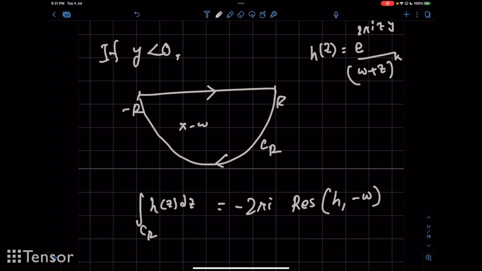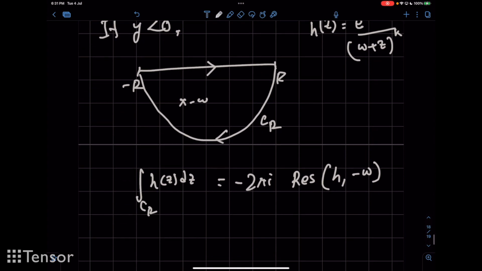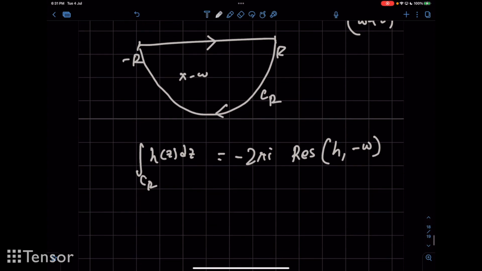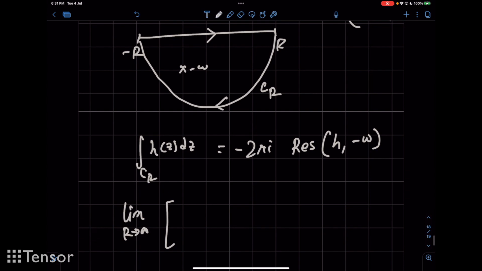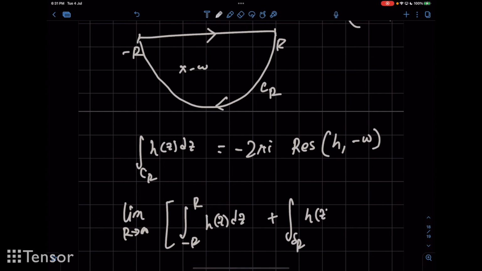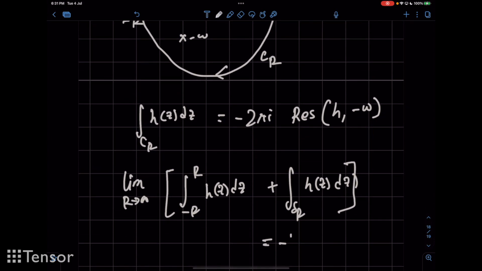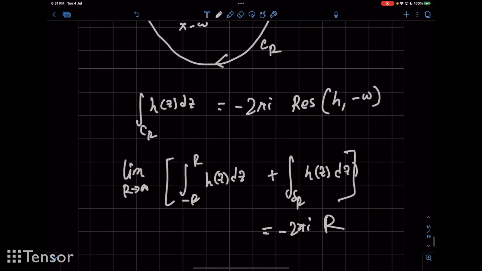Okay. And of course, the right hand side is a constant. So taking the limit as r goes to infinity, again let's call the semicircular curve SR. This is the integral from negative r to r of h of z dz plus the integral over SR of h of z dz, which is equal to negative 2 pi i times the residue.